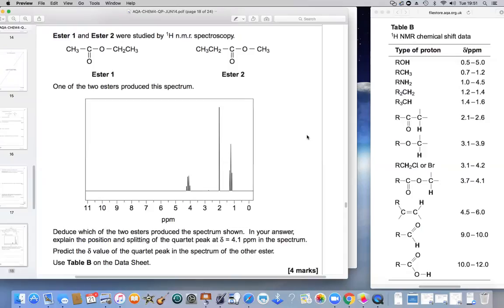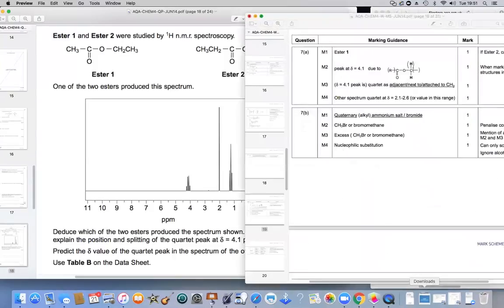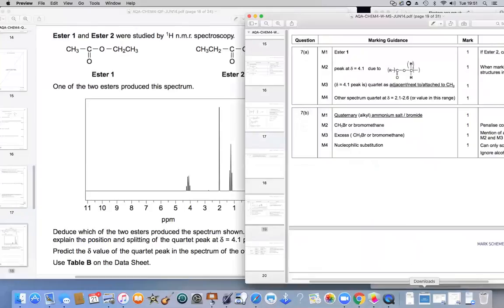Somebody else has gone for ester 2. I was hoping you might be a little bit more confident. Well, one of you is definitely right. So let's bring up the mark scheme so you can see for yourself. Somebody else has gone for 1. Okay. It is ester 1. Absolutely right.